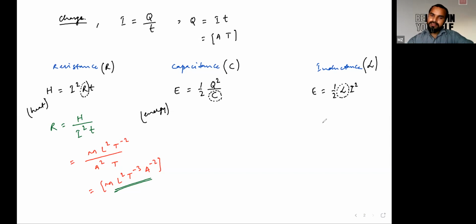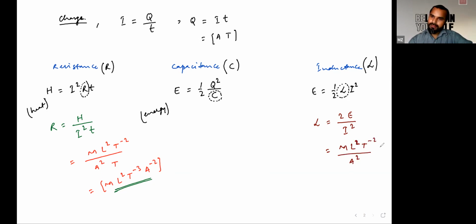Here we have L. So L is equal to 2 times E divided by I squared. 2 is a constant, so it is dimensionless, so just neglect this part. E is energy and I is current. So it will be M L squared T to the power minus 2 divided by A squared.